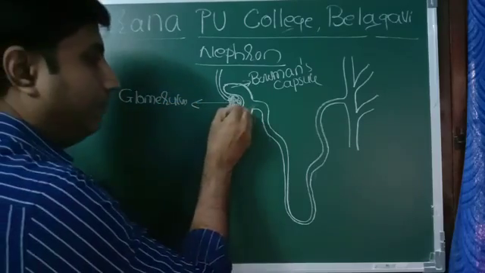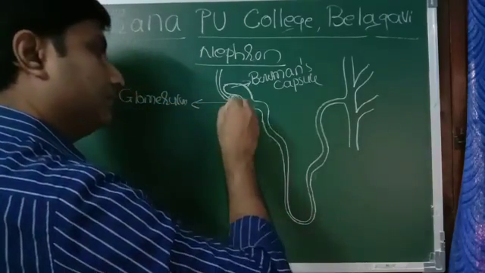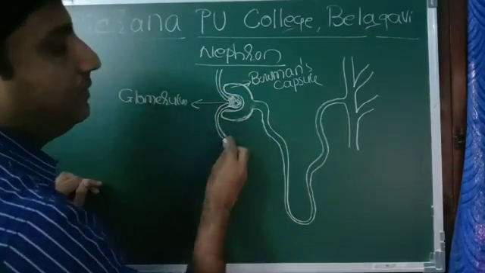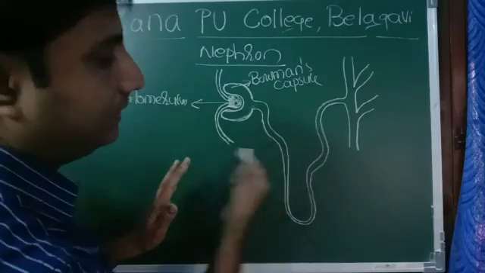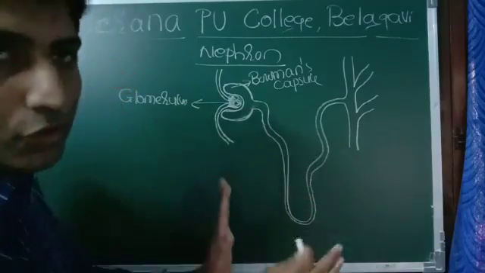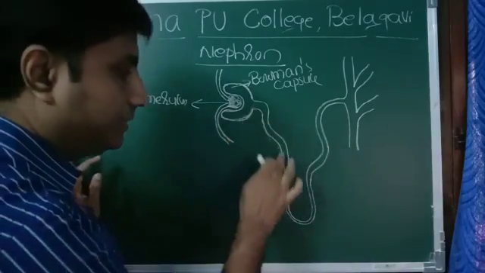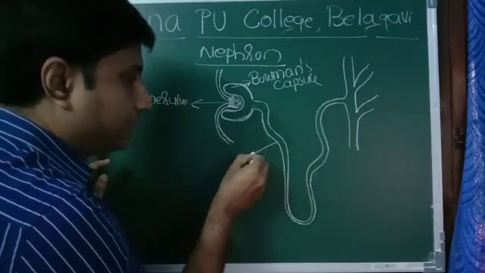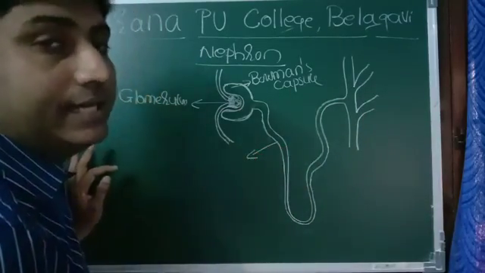Then the blood vessel comes out, and this blood vessel also encircles the other part of the nephron, which I have not shown here. Now, this is the tubular part of the nephron. This part is called PCT.